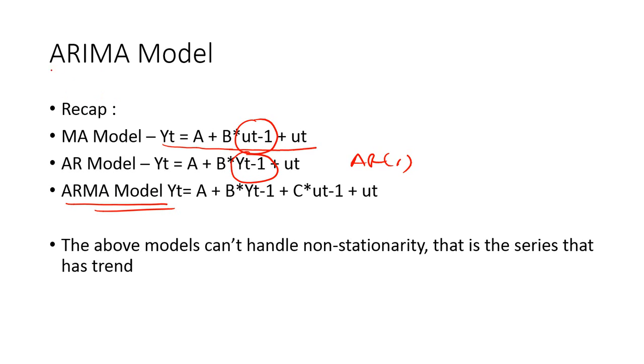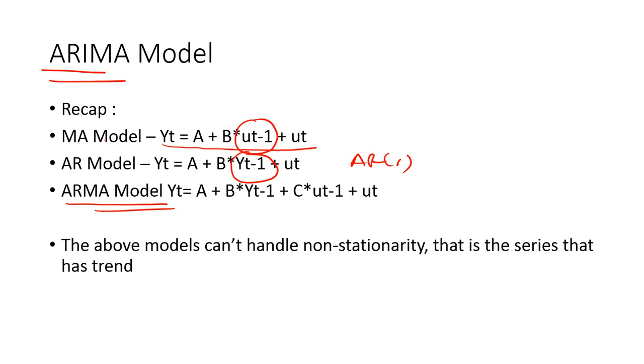In fact, MA, AR, and ARMA are specific cases of the ARIMA class of models, and we'll talk about that later in this tutorial. So let's see what additionally should be done in order to consider the non-stationary case.